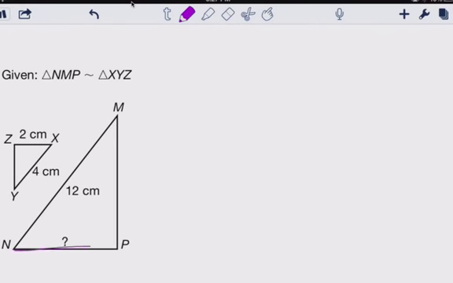So we don't know this one. This one is this one. NP over, I went NP, so it's XZ. N we don't, P we don't know.